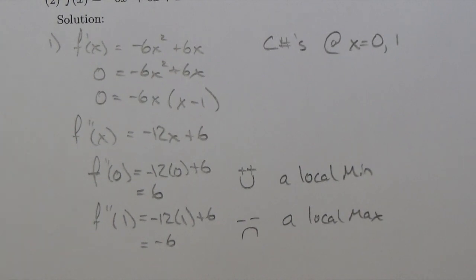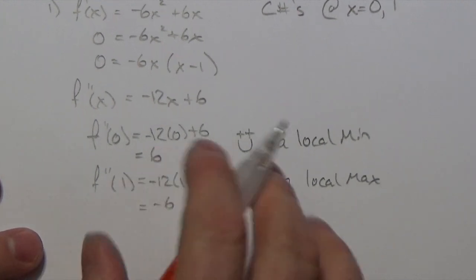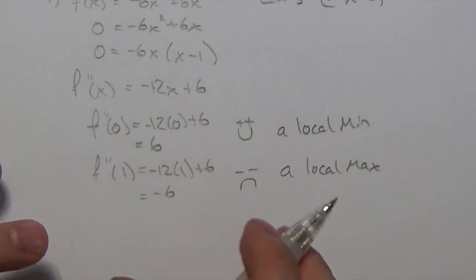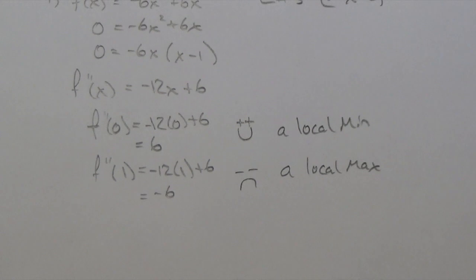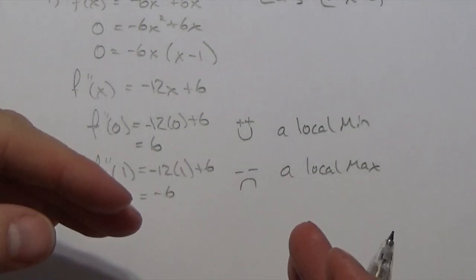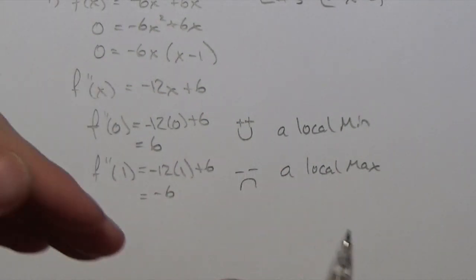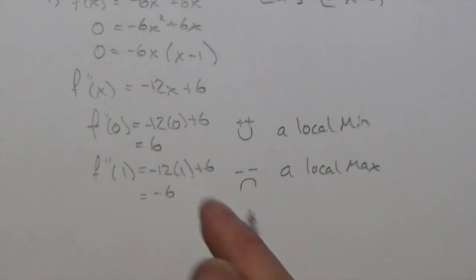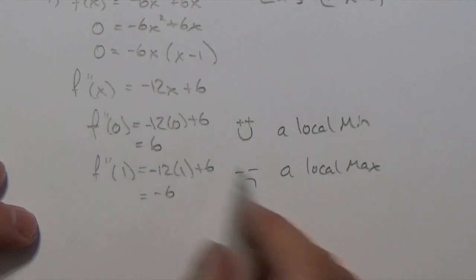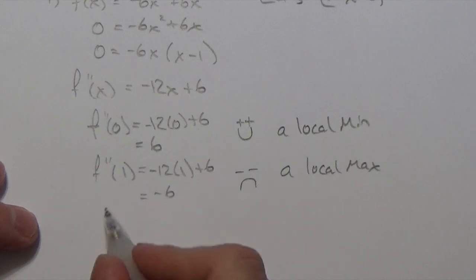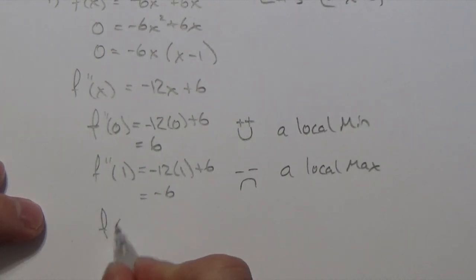If I go back to the original function, remember, the original function gives me the y coordinates. The first derivative gives me slopes. The second derivative tells me about the concavity or the curvature. If I want to know what those minimum and maximum values are, I have to go back to the original function.